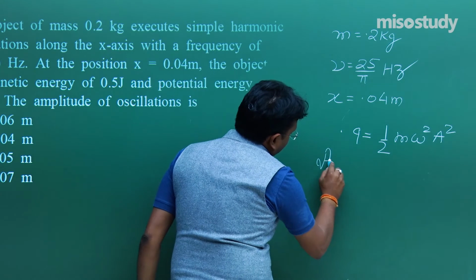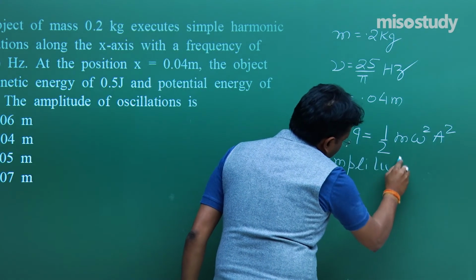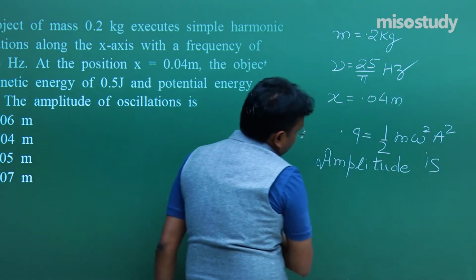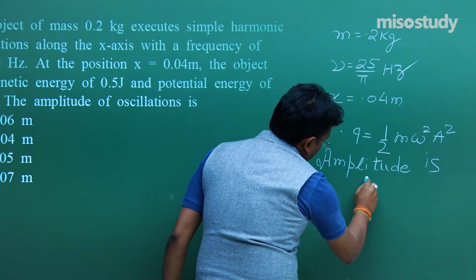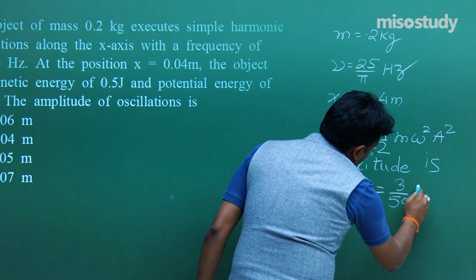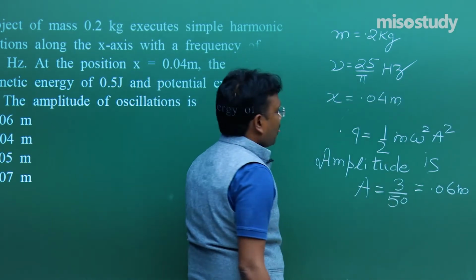What I will say is, amplitude, directly I am writing amplitude, A is equal to 3 by 50 is equal to 0.06 meter.